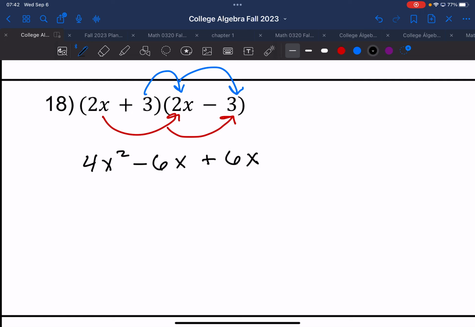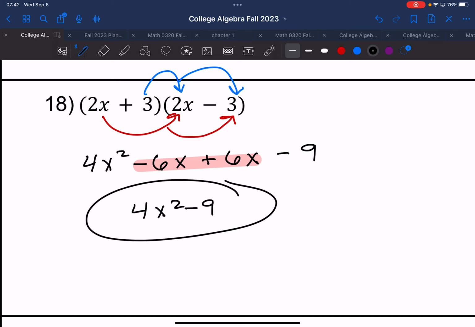And 3 times -3 is -9. What happens to my like terms in the middle? They cancel out. So am I going to have a middle term? No. So my answer is 4x squared minus 9. Because these cancel. -6 and +6 gives me 0.